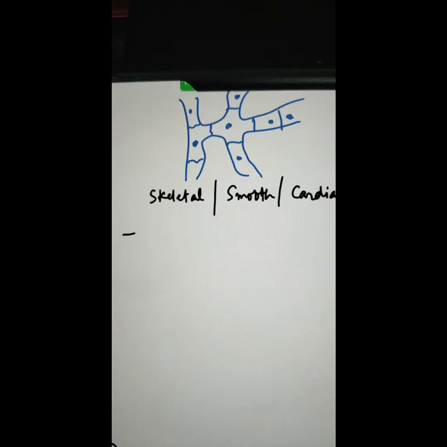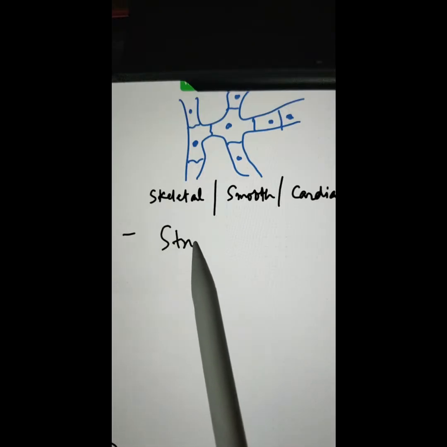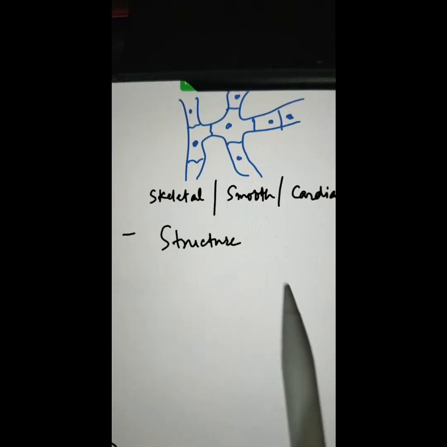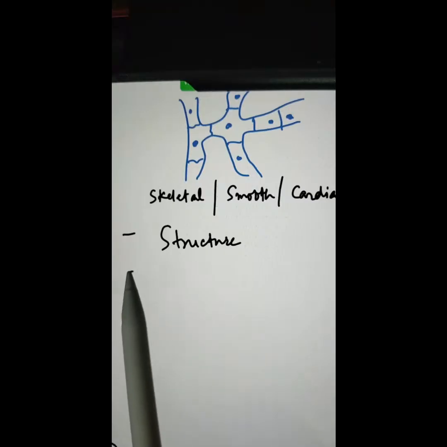For smooth muscles, we will be writing they are spindle shaped, uninucleated, and non striated muscles, right? In cardiac muscles, we will be writing they are cylindrical, branched, and uninucleated. So after writing the 3 points based upon their structure, we are done.